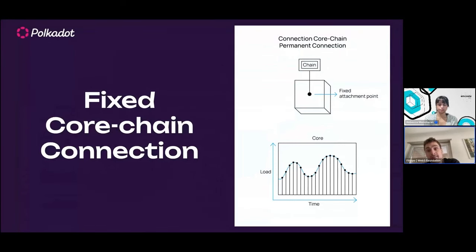But it can be that one of these chains is not really able to utilize this computation at the maximum possible computation load that it offers, right? This is a little bit of a problem because we want to make sure to use this computation as efficiently as possible.